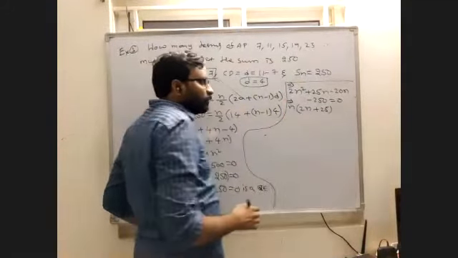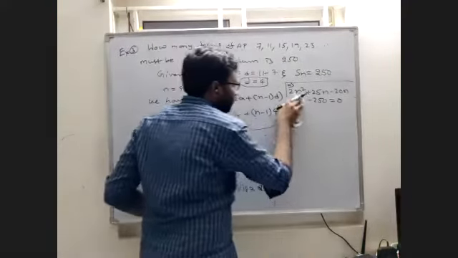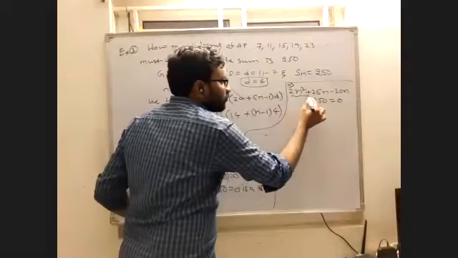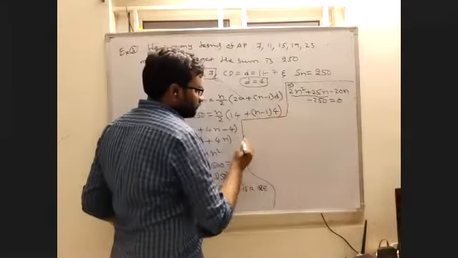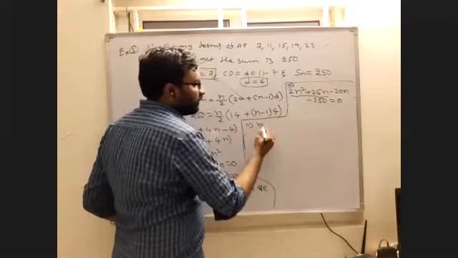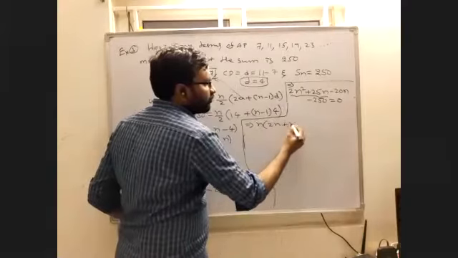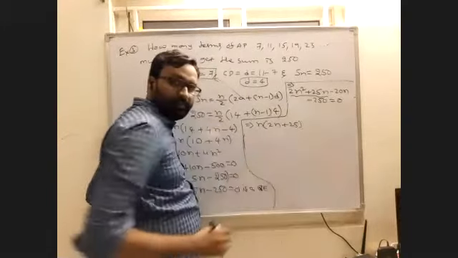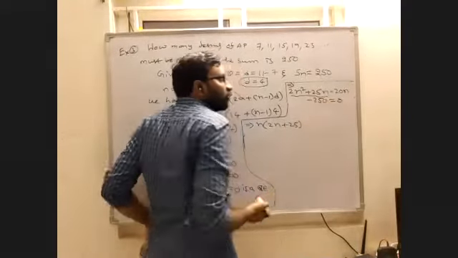Okay. Now from these two, I will write down this step. From these two, I am taking only n common. Taking n common, more 2n is there plus 25 is there. And from these two, I can take minus 250, 20.